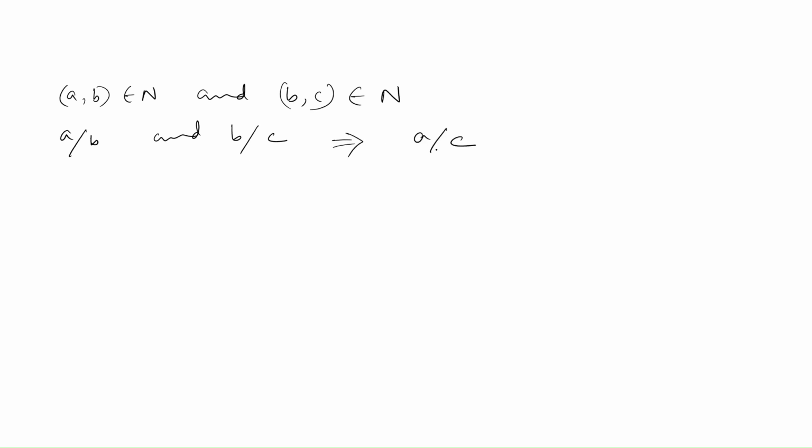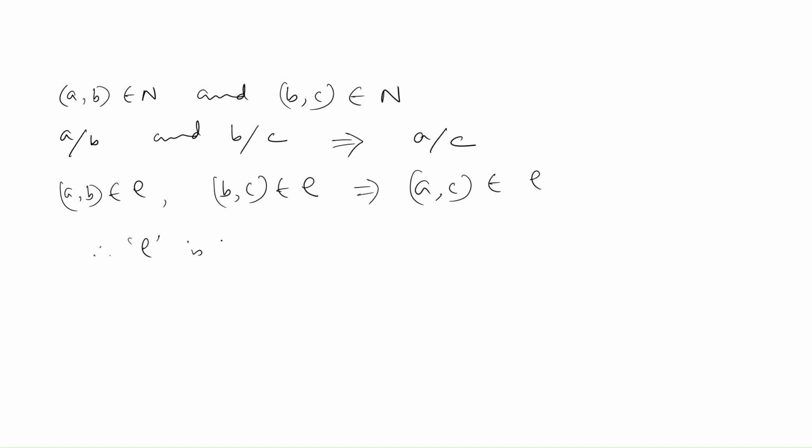Now let us take (a, b) belongs to N and (b, c) belongs to N. Then a divides b and b divides c, which imply a divides c. Here (a, b) belongs to rho, (b, c) belongs to rho, which imply (a, c) belongs to rho. Therefore, rho is transitive.